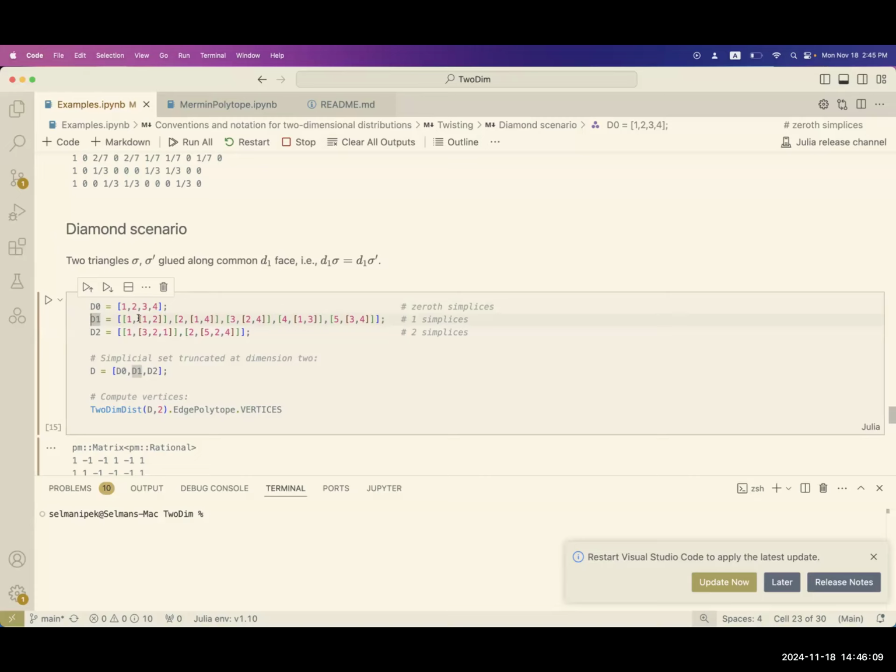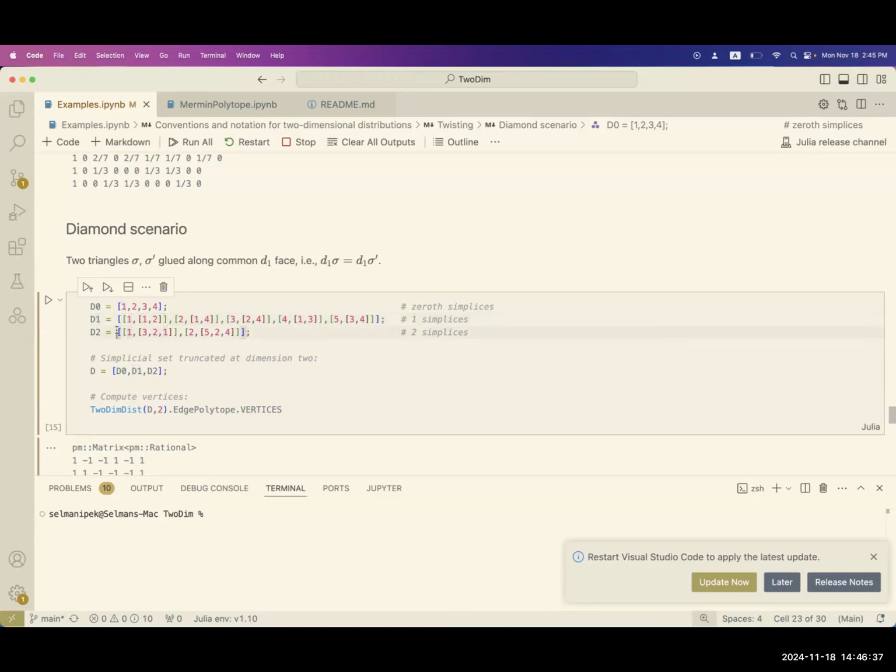How do we index these? You give an ordering to the edges. The first edge is going to be the D0 face. The second edge of the first triangle is going to be the D1 face. The third edge of the first triangle is going to be the D2 face, and so on and so forth.